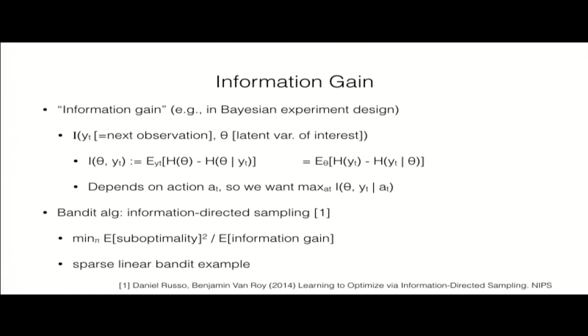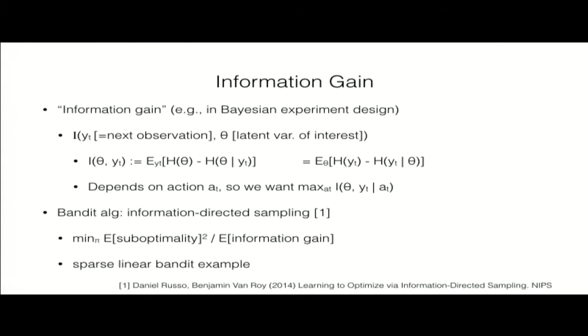Well, there's this general, traditional topic of Bayesian experiment design, where you get to make certain measurements of the system, like you get to do certain scientific experiments, and you want to choose the optimal sequence of experiments to gain as much information as possible.